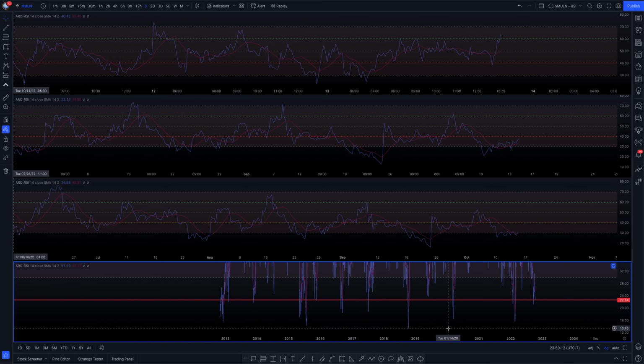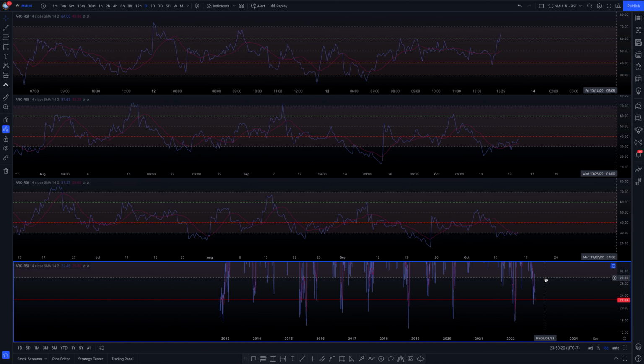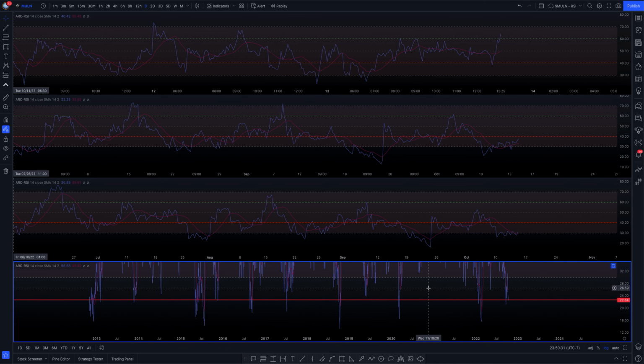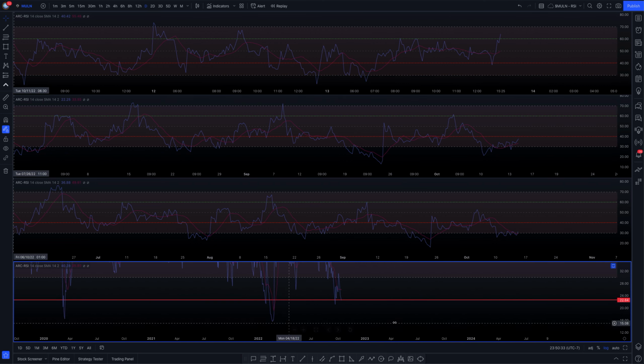However, I don't see this happening immediately. So there's a probability that we're going to be facing maybe the majority of a green day tomorrow, and possibly towards the end of the day or after mid-session we could start to see some type of bearish action. But yeah, that's a good thing.